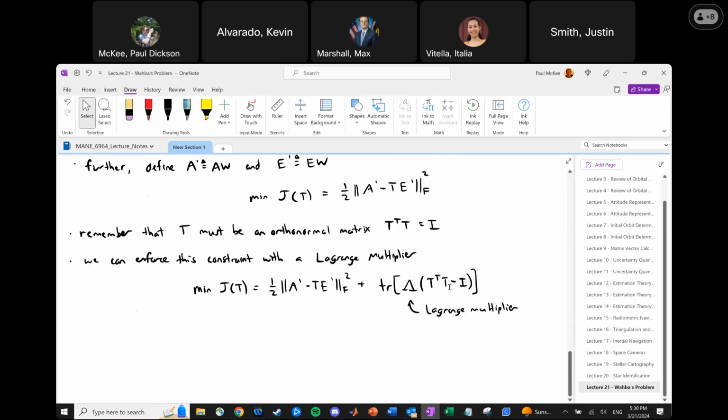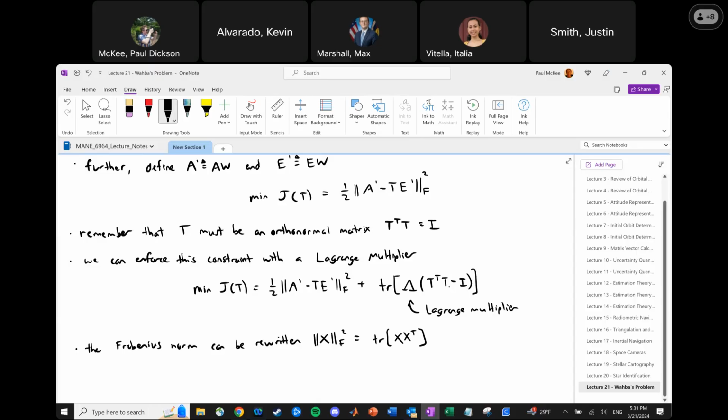Okay, let's further simplify. So this Frobenius norm, let's go back to that. The Frobenius norm can be rewritten where if there's just some matrix X, that's the same as the trace of X X transpose.